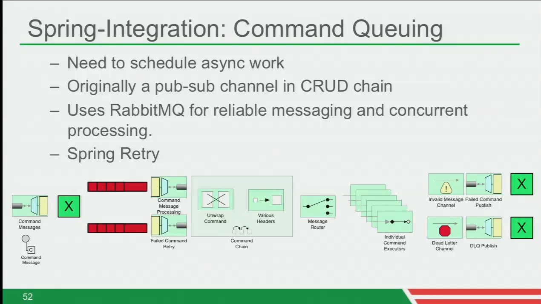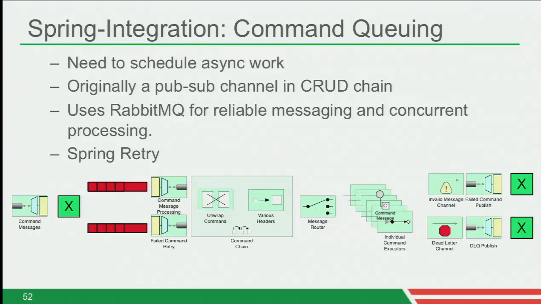The other thing that we wanted was a way to ensure that these commands will always get processed, or have a reasonable guarantee of that. So what we did is we took that workflow that started off as a pub sub channel and hooked RabbitMQ into it using channel adapters as opposed to just direct channels. The way this works is that we queue up a command message, and then that gets published to the RabbitMQ exchange, and goes in for its processing.